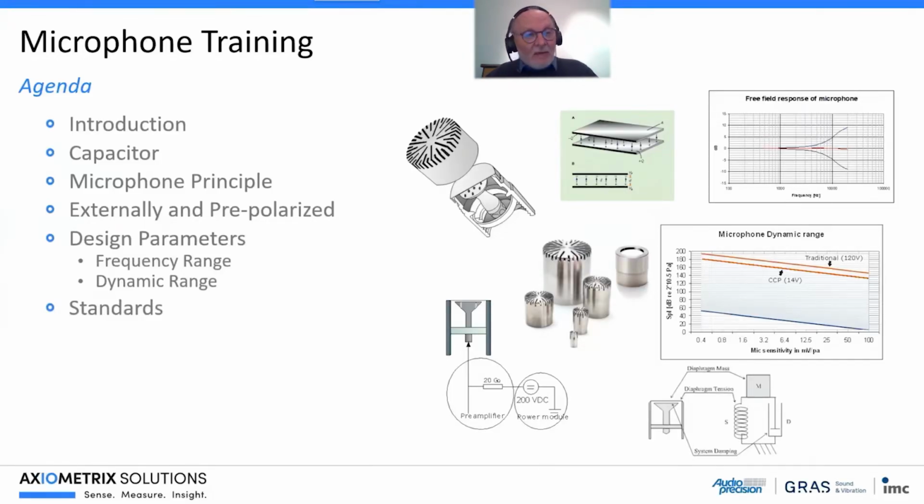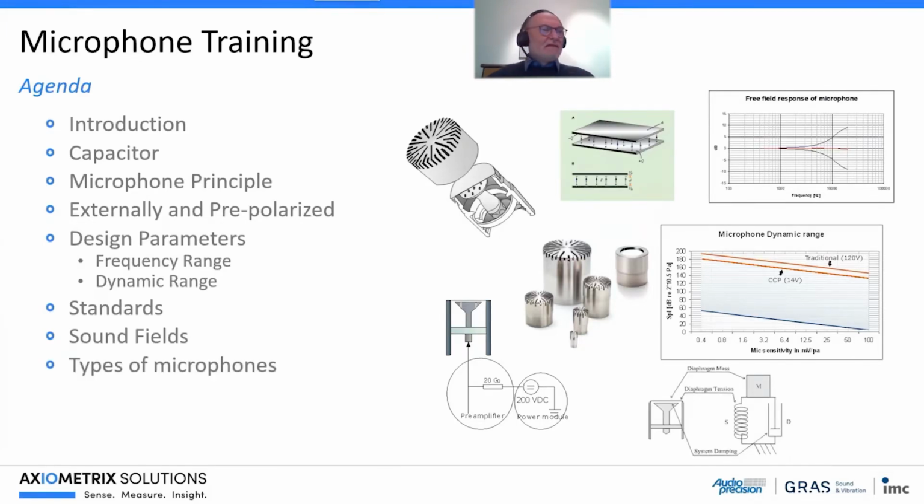We can't talk about measurement microphones without also discussing the standards, so of course we have to have a short look at the standard as well. When we are talking microphones, then we also have to talk about sound fields, how the microphone behaves in different fields.